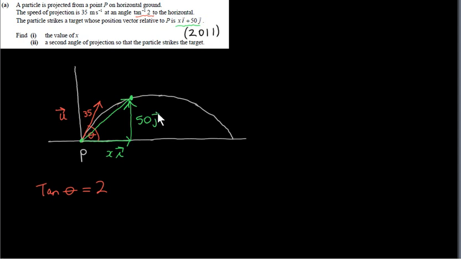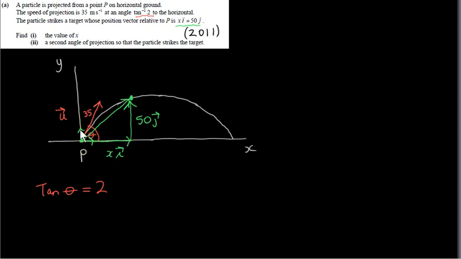50j. Remember, i is a unit vector pointing in the positive x direction, and j is a unit vector pointing in the positive y direction. So they're unit vectors. That means that their lengths are 1. If we multiply the vector i, with a length of 1, by x, we get xi.